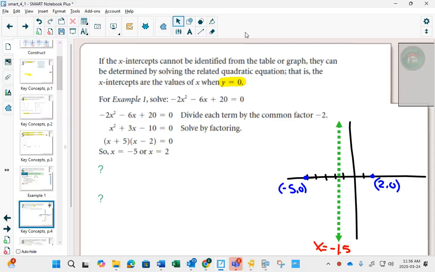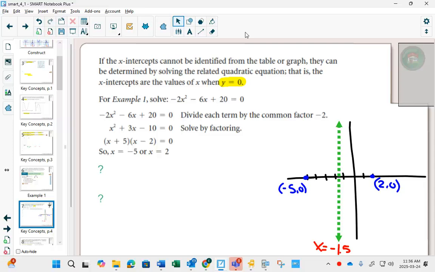Midpoint between two things, you could add them together and divide by 2. It's like finding an average. You had a test, first test you got 70, second test you got 80. Your average is 75. You could figure that out by saying 70 plus 80 is 150. Divide by 2, I get 75. Notice here, what do you get if you add -5 and 2 together? -3. -3 cut in half is -1.5.